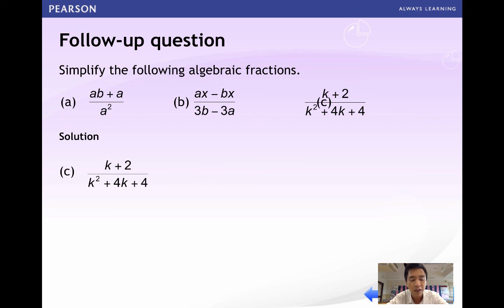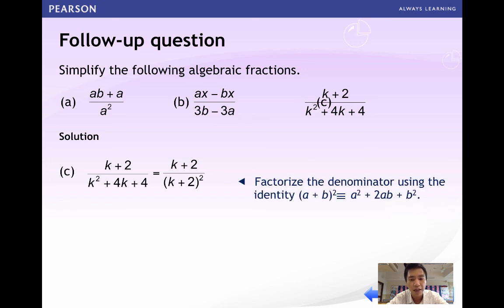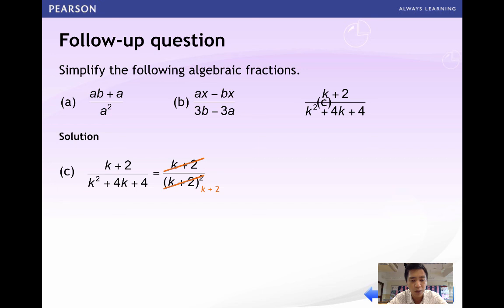For part C, we can try to factorize the denominator. So we can get the denominator as k plus 2 bracket squared. And the numerator is k plus 2. So first of all, we factorize by this identity. And then we try to cancel out one of these, k plus 2.